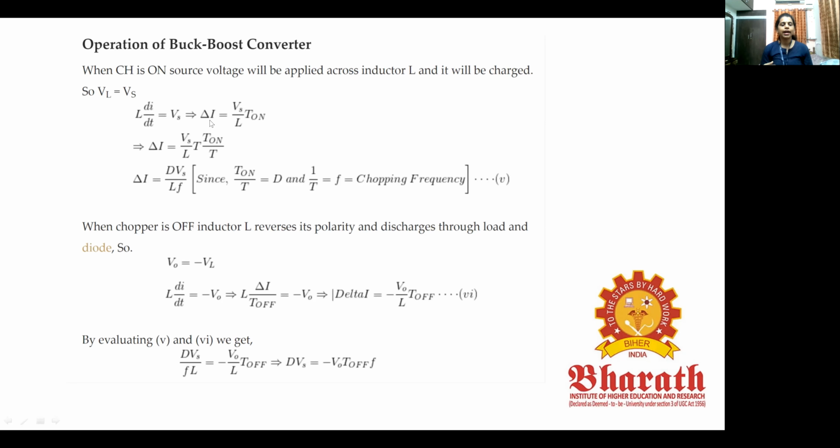The current value increases from I min to I maximum. That can be represented by ΔI. And dt is the on time, since we have turned on the switch, so we write dt as T on. So we can write the expression for ΔI as Vs into T on divided by L. We can keep this expression as such.